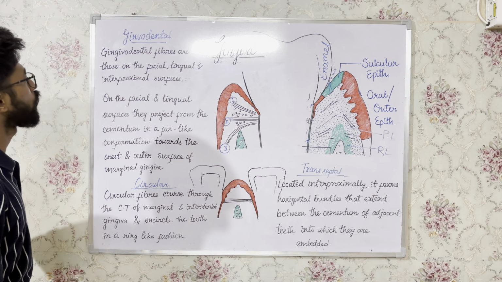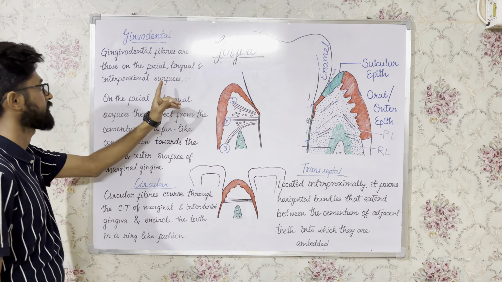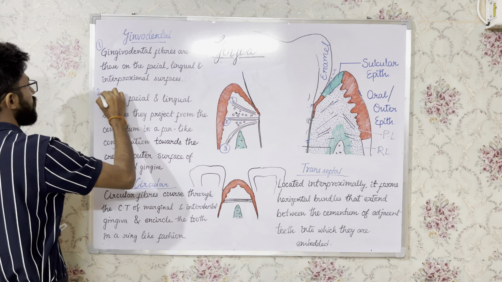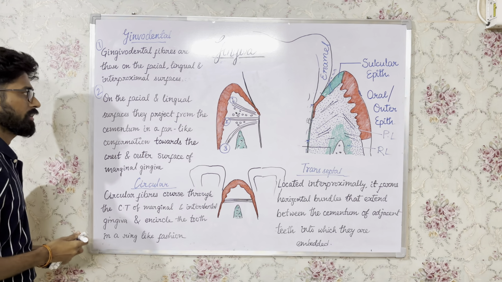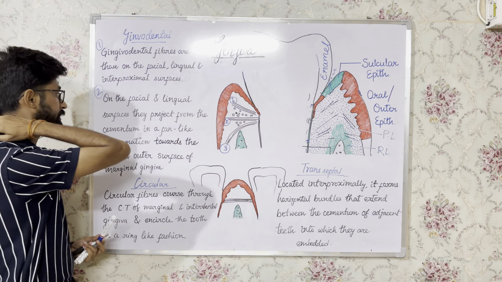Gingivodental fibers are those on the facial, lingual and interproximal surfaces. This is the first point. Next point is, on the facial and lingual surfaces, they project from the cementum in a fan-like conformation.